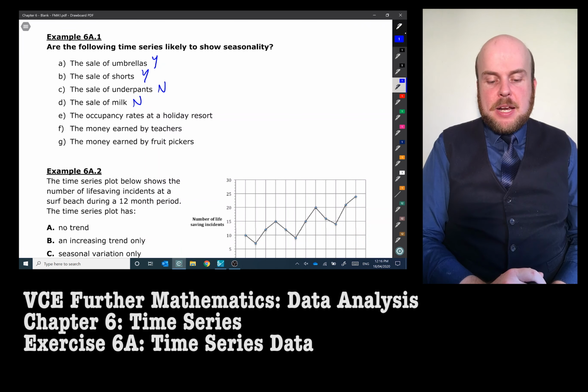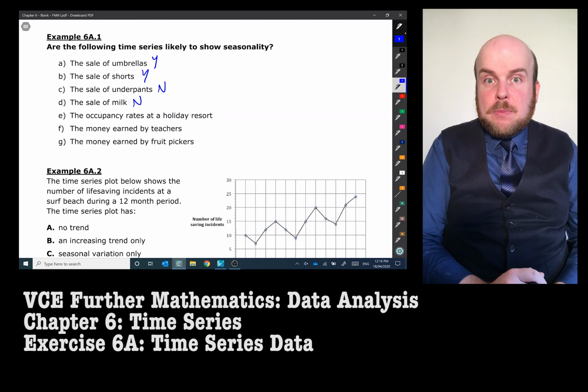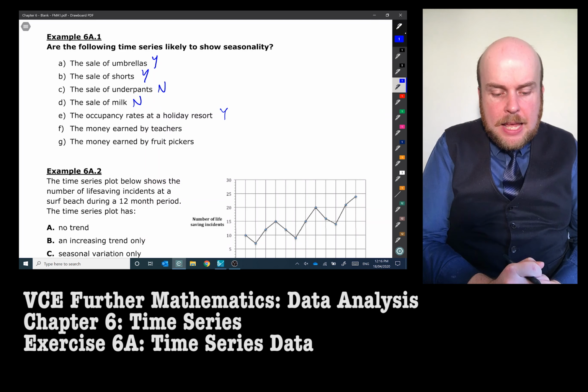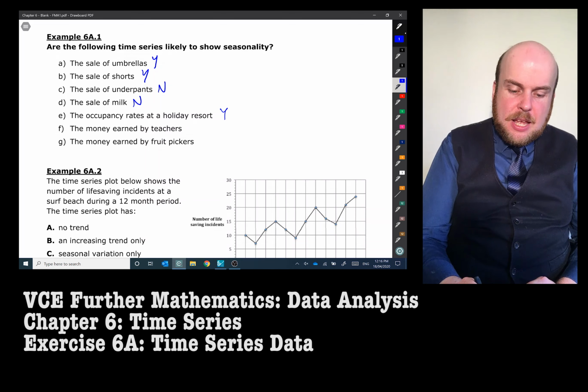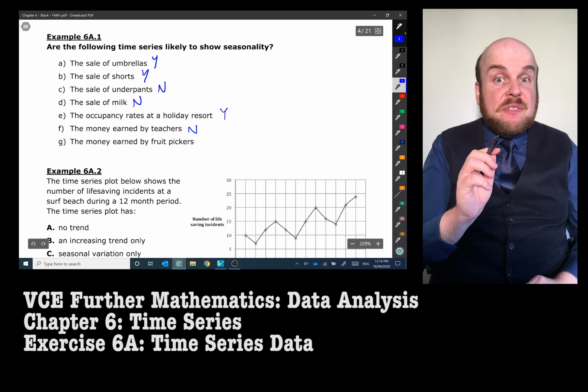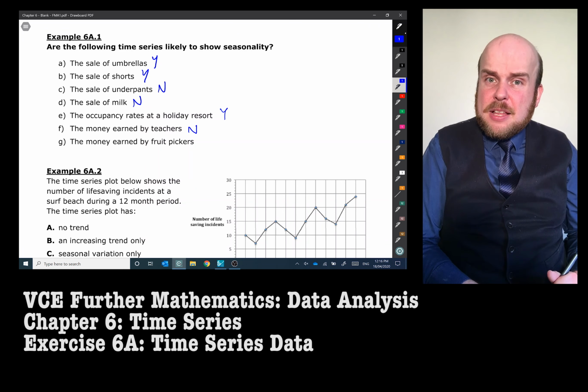The occupancy rates at a holiday resort. Well, assuming a holiday resort would be somewhere where you would go on holiday during the holiday times, generally I would say yes. The money earned by teachers. No, we get a salary every year. Fun fact though, I believe the answer would be yes in other parts of the world.